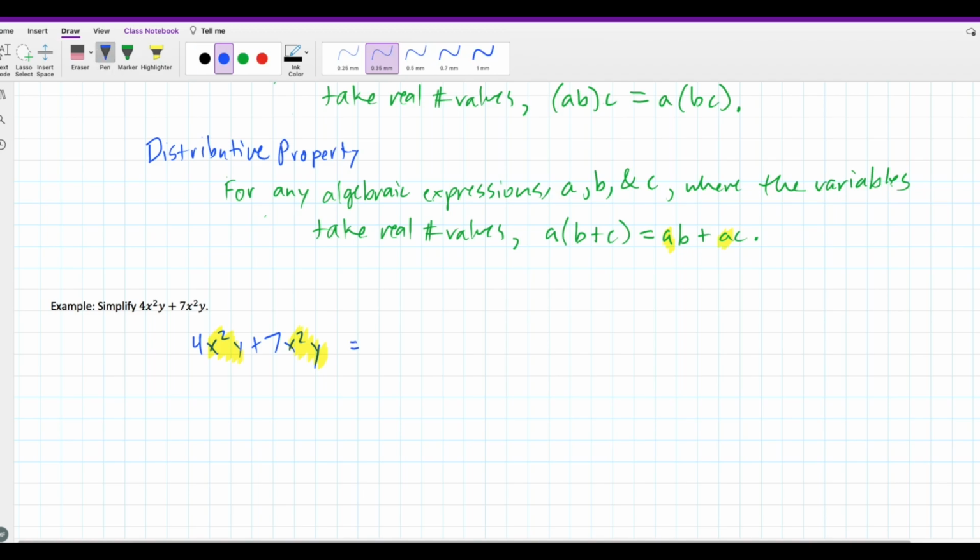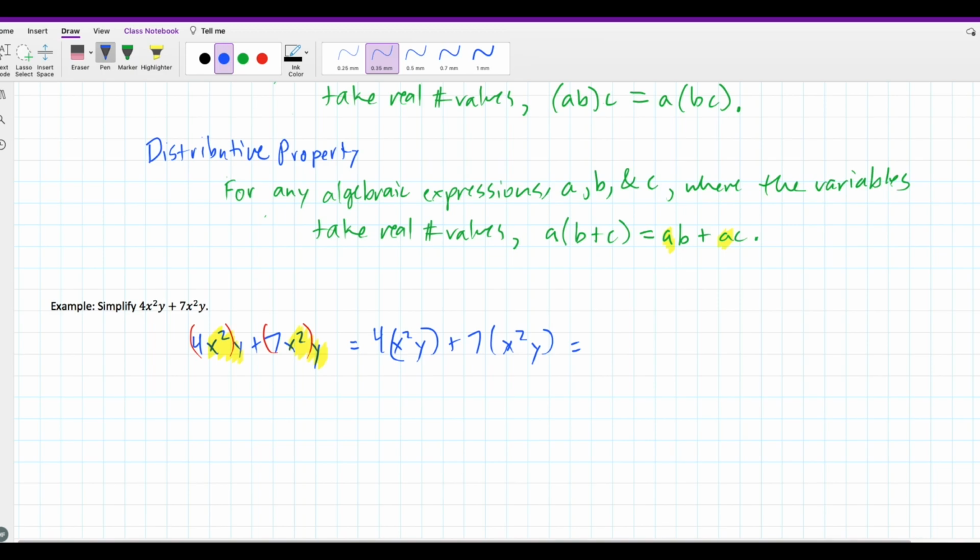And so this is an example of where technically we are using the associative property of multiplication and the commutative property of multiplication. Because what's actually happening is we're going to say, instead of moving left to right, 4 times x squared, and then times y, and then 7 times x squared, and then times y, we're going to first regroup them so that the x squared y part is its own expression.